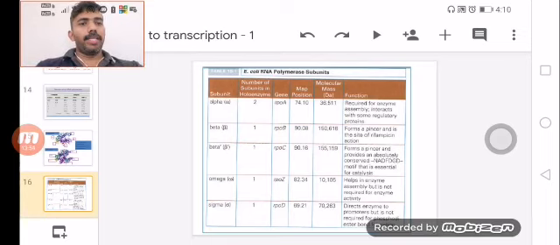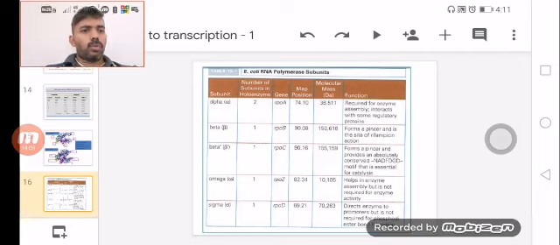The beta and beta dash, which are the largest subunits in the polymerase enzyme, function as pincer molecules and help in opening the duplex. Omega is also an accessory molecule supporting the assembly of the enzyme.